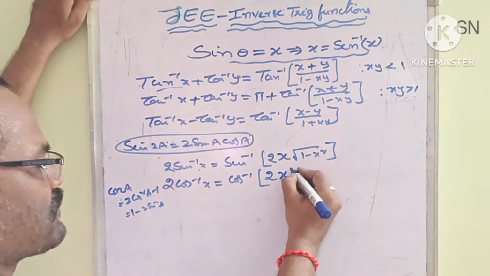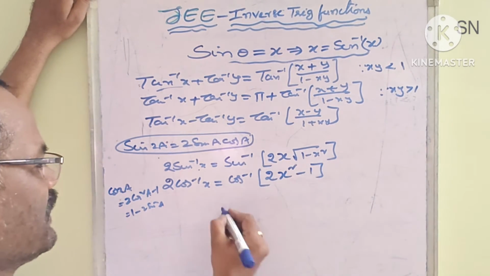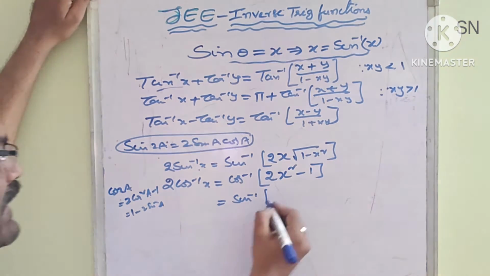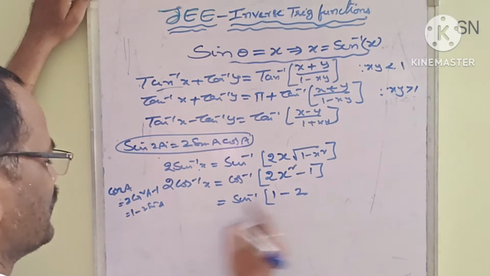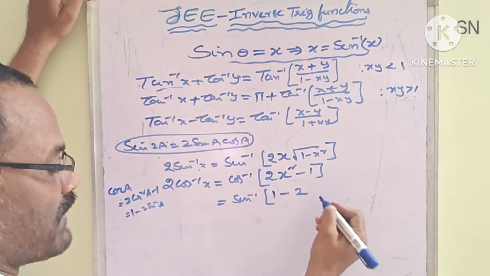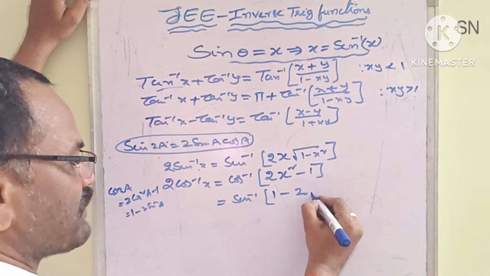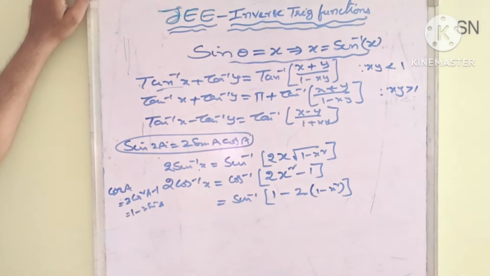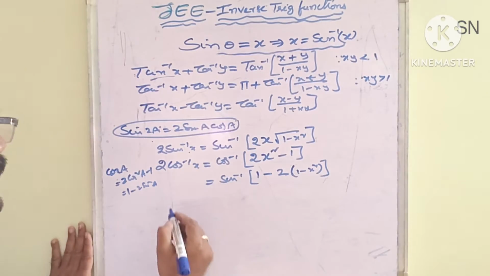Now 2 cos square a minus 1. Now here sin inverse of 1 minus 2 sin square a. Sin a is x, cos a is root over 1 minus x square. Now sin square a is 1 minus x square. So this is sin inverse of 1 minus 2 into 1 minus x square.